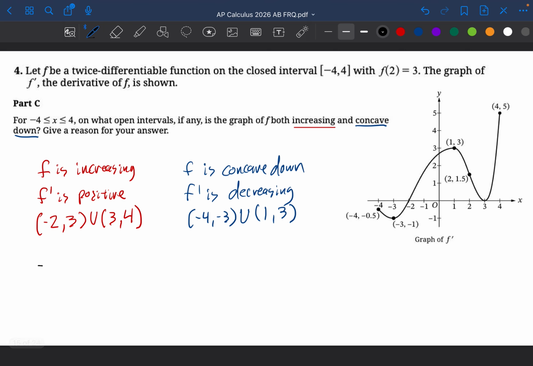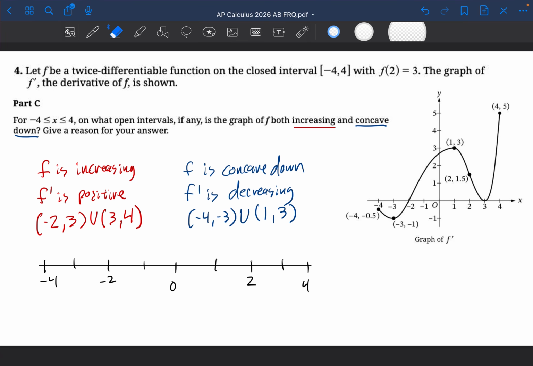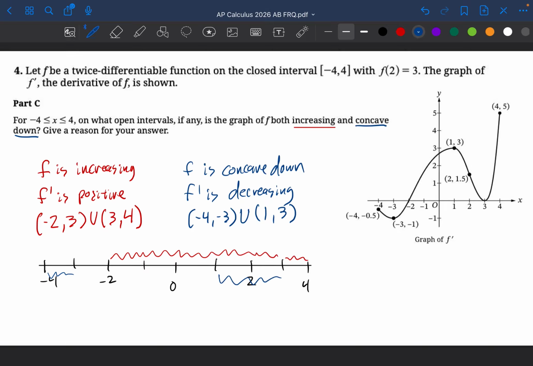And if it helps, one thing you can do is draw out a number line. So I've got from -2 to 3, and then from 3 to 4, and then from -4 to -3, and then from 1 to 3. So here's where we have our overlap.